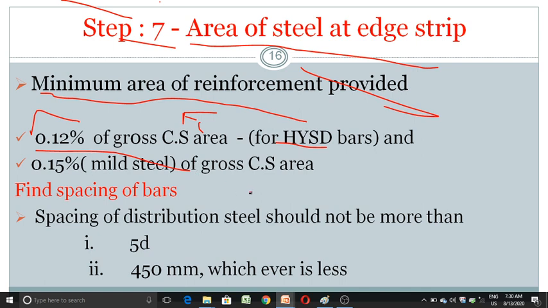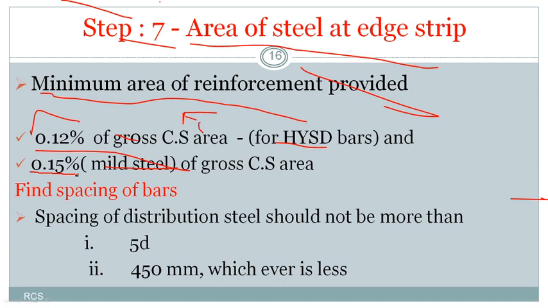And if you are using mild steel, that is the Fe250 grade of steel, then the minimum area of reinforcement provided is 0.15%. So based on the grade of steel, we can choose the percentage of steel to be provided as the edge strip reinforcement. Then we have to maintain the spacing also.